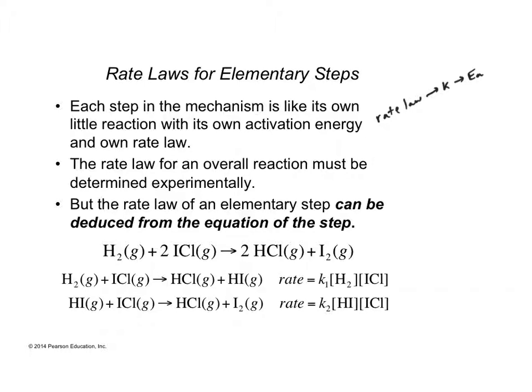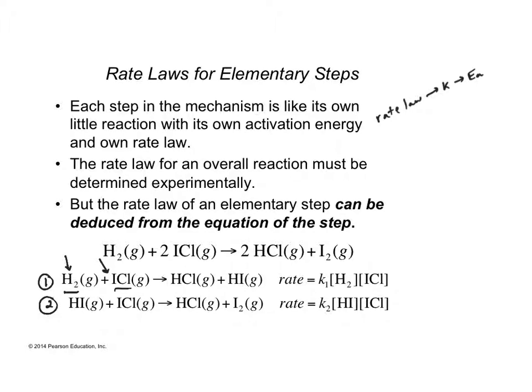So what do I mean by that? If we go back to our little mechanism here, we had step 1 and we had step 2, right? In step 1, we have one molecule of H2 colliding with one molecule of ICl. We can look at that and say from that this is going to be first order with respect to H2, first order with respect to ICl, okay?